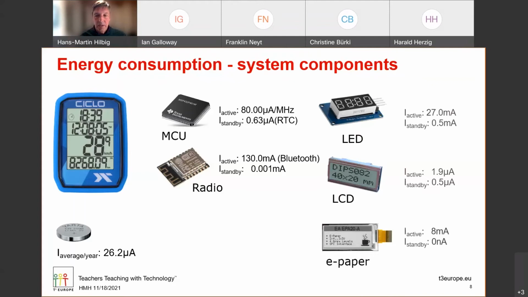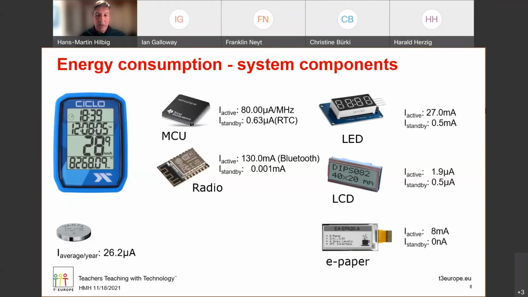Let's look at the specs of those three displays. The LED module consumes 27 milliamps, so it's prohibitive for a bike computer because it would drain my battery real quick. So we can cross this out.